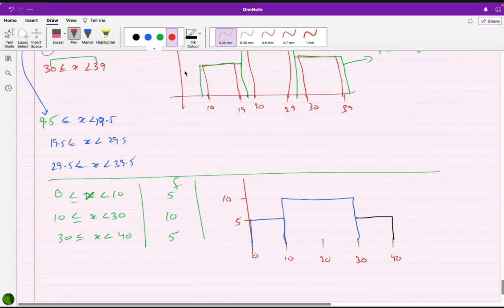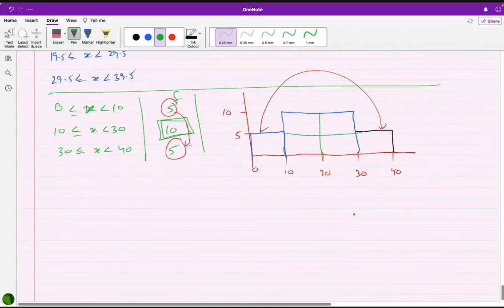Now, this is basically a misrepresentation. How is it a misrepresentation? When you look at the frequency, this is 5, this is 5, they should look equal, and they do. But this frequency, 10, should be double of those, but it is appearing 4 times.